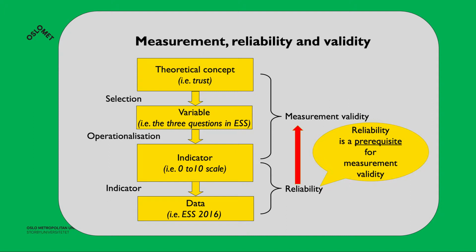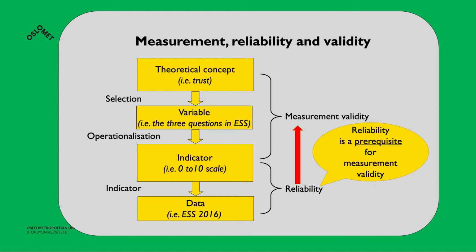So to take the three first ones here, you see that measurement validity is a question about going from a theoretical concept and making this concept measurable. And if we are able to measure the theoretical concept and we are able to actually measure trust, then we have a high degree of measurement validity.